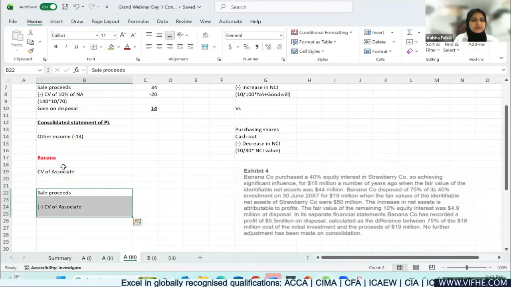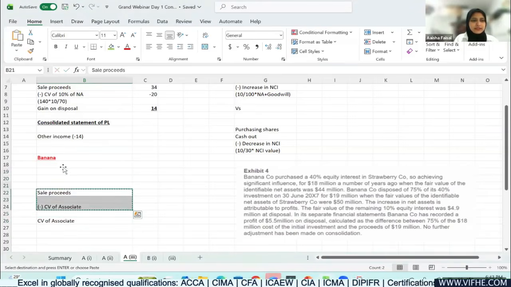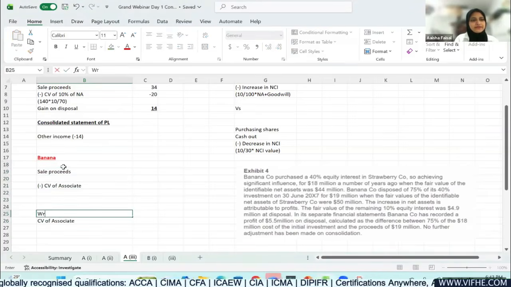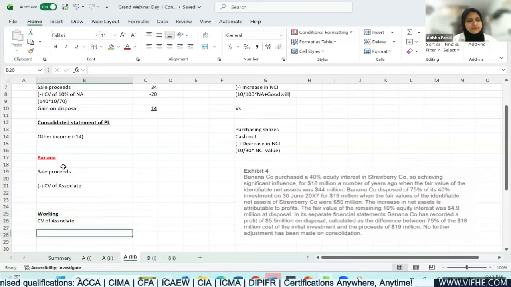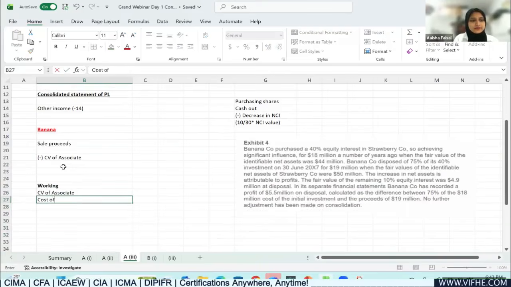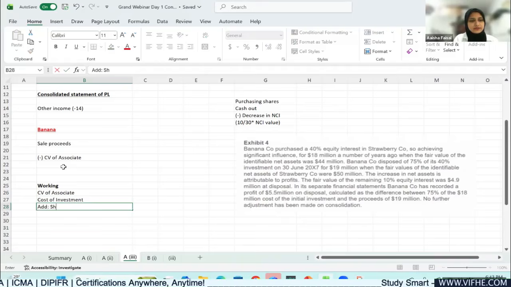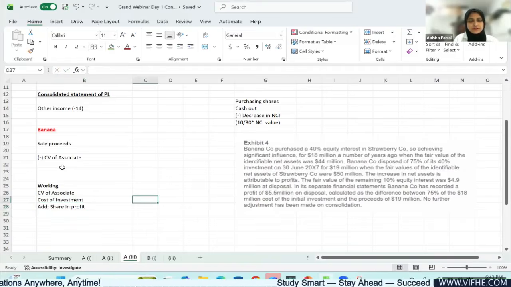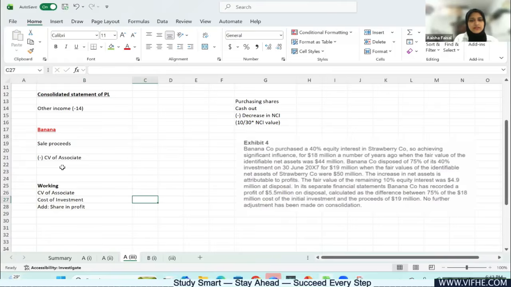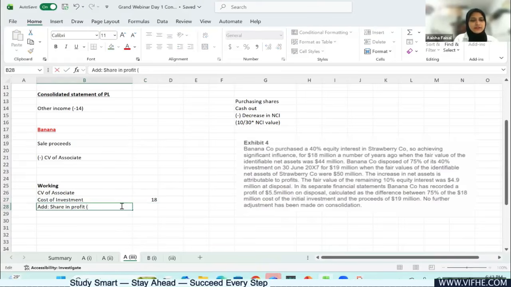I'm getting into a little detail, so I'll keep the main formula up and this will act as a working. Carrying value of associate would be cost of investment and share in profits. Cost of investment was 18 million. Share in profit is 50 less 40.